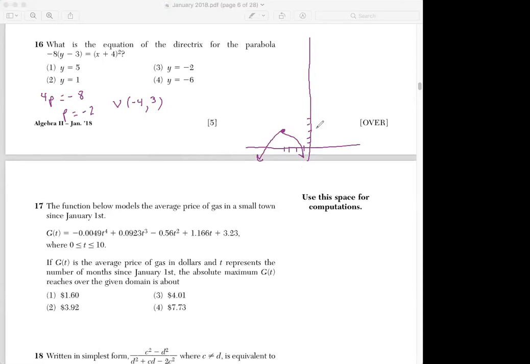So go up another 2. So this was 4. So this was 6. Sorry, this was 3, which means this is 5. So y equals 5 is the equation for the directrix.